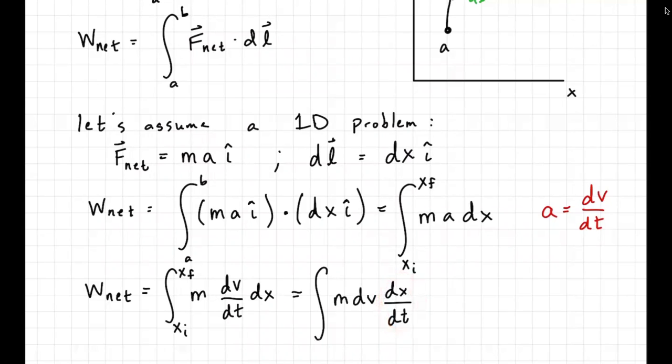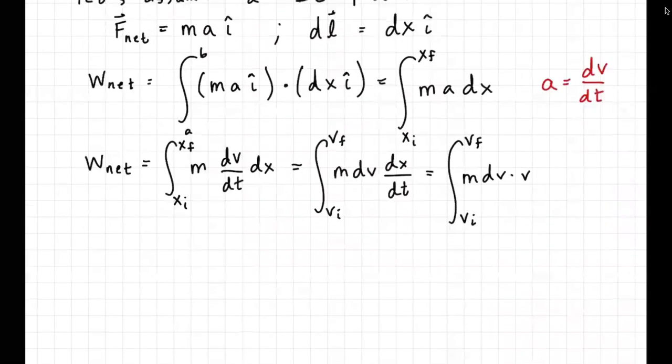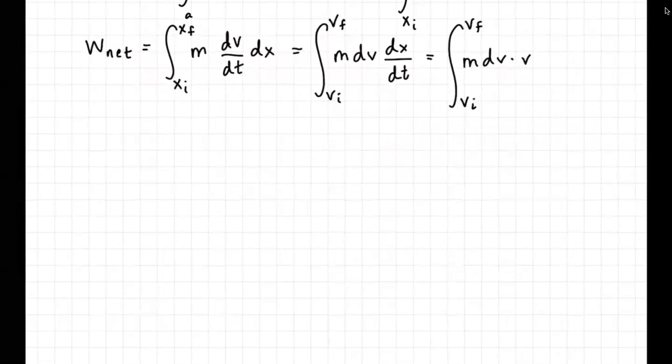And now, instead of a dx integral, I've got a dv integral. I'm going to have v dv in here. So the bounds of my integration are really an initial velocity to a final velocity. And if I write it like this, m dv times v from initial velocity to final velocity. All right, so this is now something that we can integrate.